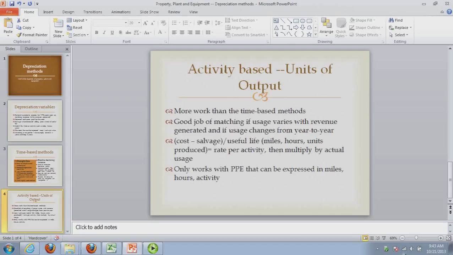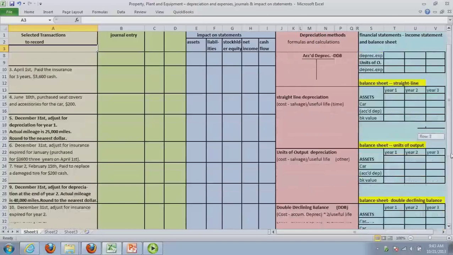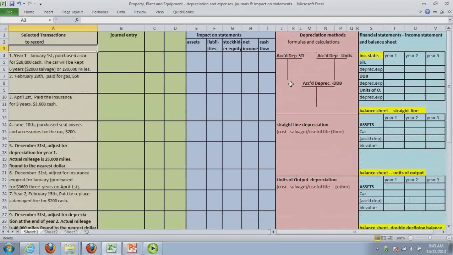So let's go ahead and take a look at our example and do some number crunching, which you all are good at. We're going to basically purchase a car and do some entries because we're going to look at expenses again as well as depreciation. We're going to go through 3 years. We'll track for 2 years 3 different methods, and we can look at the impact on the statements.